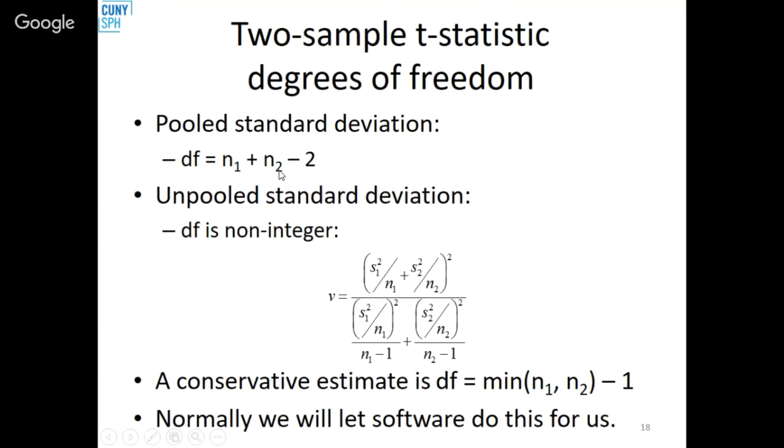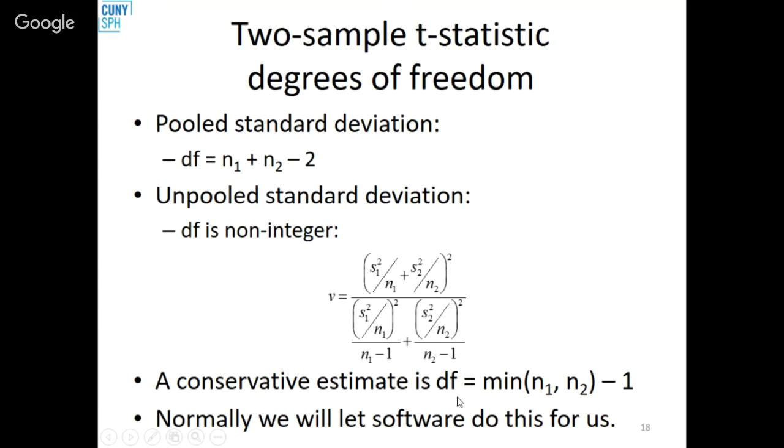The degrees of freedom, it's much simpler. If you're pooling, it's just your total sample size minus 2. If they're not pooled, this is a so-called Welch's t-test, and it has a non-integer degree of freedom, which is approximately the minimum of your two sample sizes minus 1.